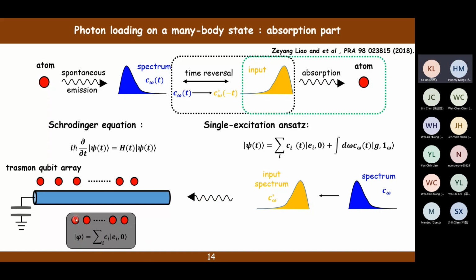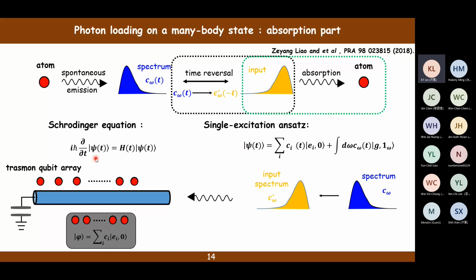So now, sorry, may I ask what's the requirement for this ansatz? I mean, does it require the gap between the energy levels to be much larger than the photon absorption level? What's the assumption there for the ansatz? You mean why we use this single-excitation sector? Yeah.